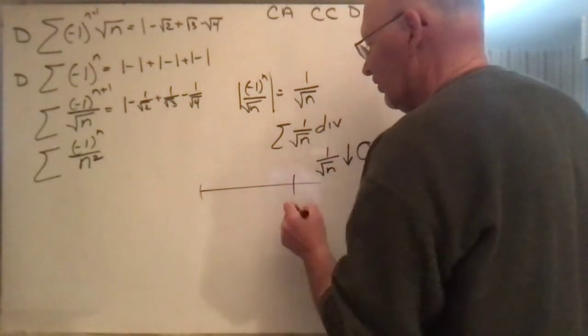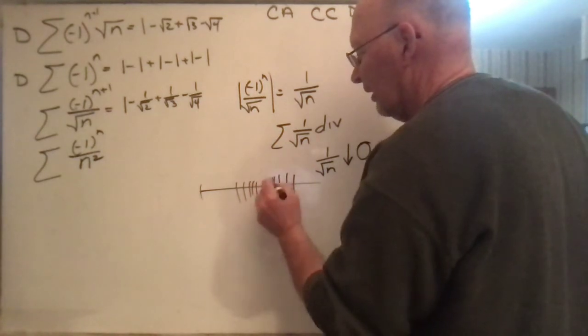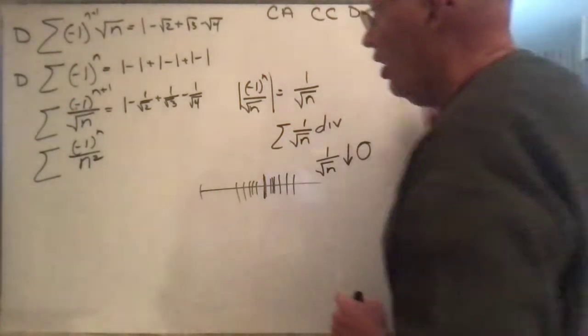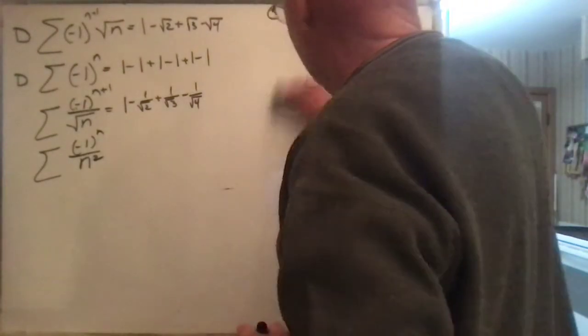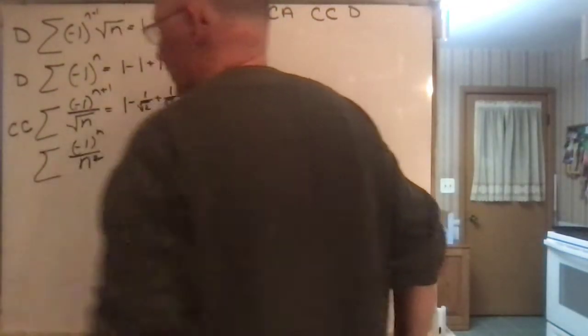It looks like this. Start there, then here, then here, then here, and it converges to something in between. So that thing does converge only on the condition that the positives are canceling with the negatives. So this thing here converges conditionally.